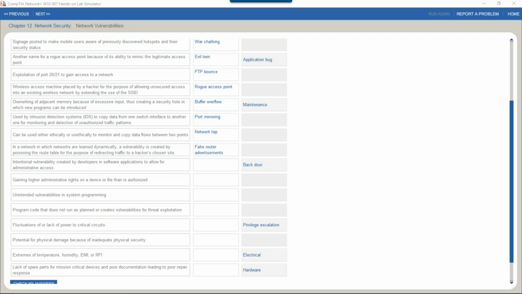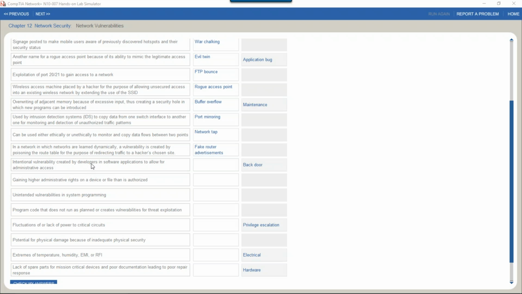So I'm getting a consensus here. Backdoor, got a couple that are thinking that it's a backdoor. Keyword intentional, right? Intentional vulnerability. And we were just talking about this a couple questions ago, and I was asking, can a backdoor be used for ethical or unethical purposes?